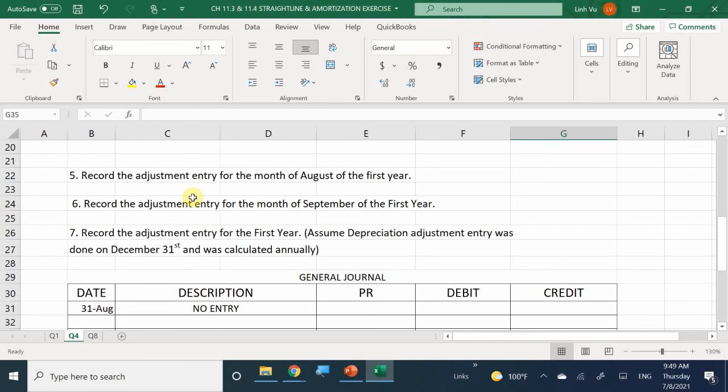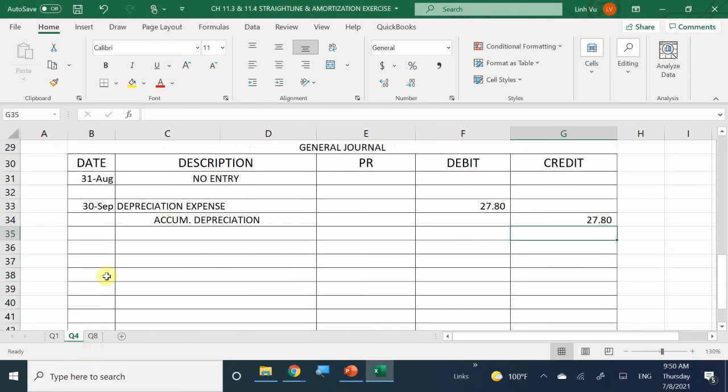So in this case, I'm asking you if the adjustment was done at the end of the year instead of every month, how would I journalize the end of the first year? Then just like Nathan said, we multiply 27.80 times 4. Okay, so what would my journal look like?